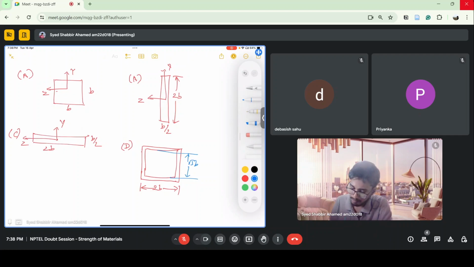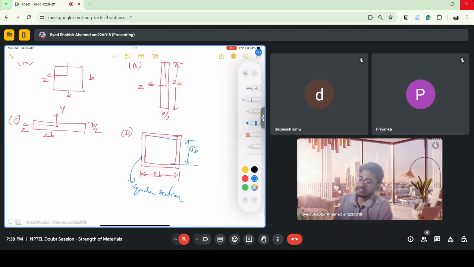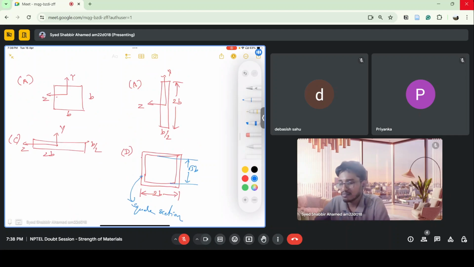This is entirely a square section, a square hollow section. So for a pinned column, if I take any of these cross sections, which column will give me the maximum load carrying capacity?